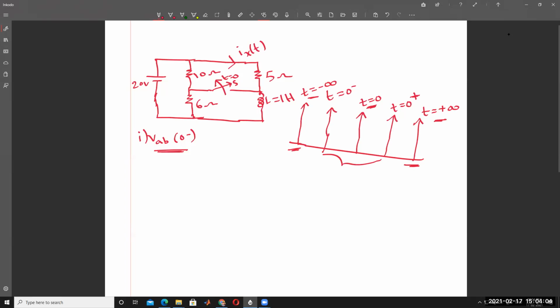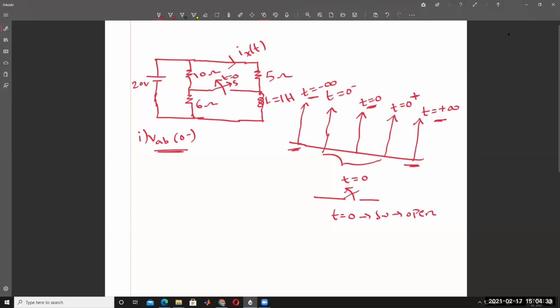So first, what is the meaning of this switch? First you have to know this. At t is equal to 0, the switch is open. Understood? The meaning of the switch is nothing but t is equal to 0, switch open.